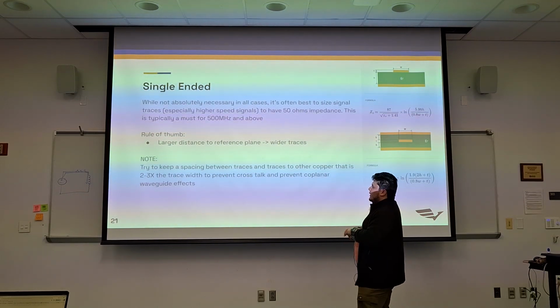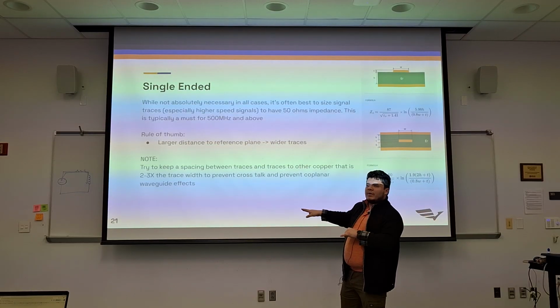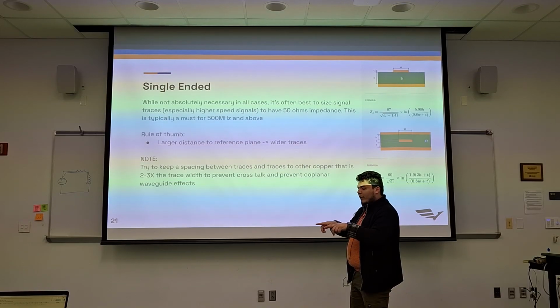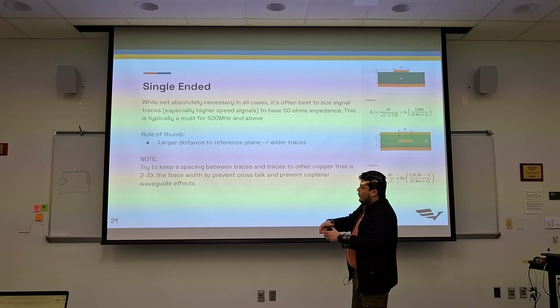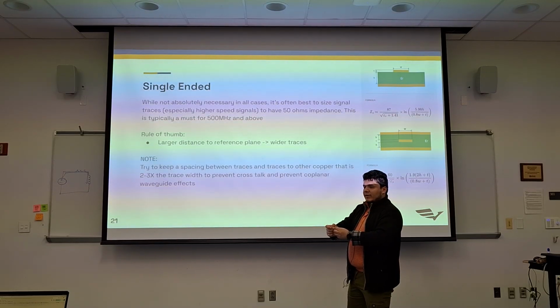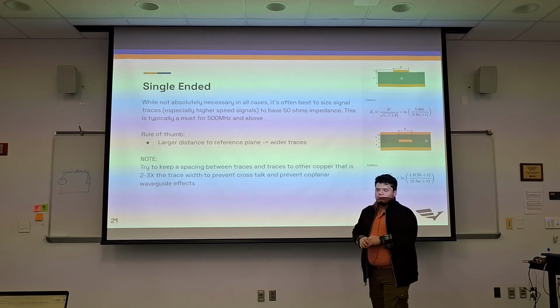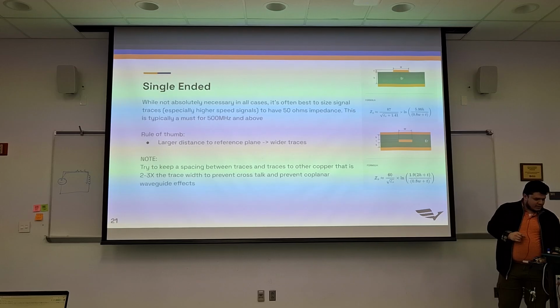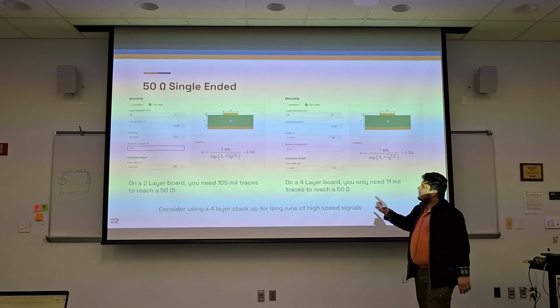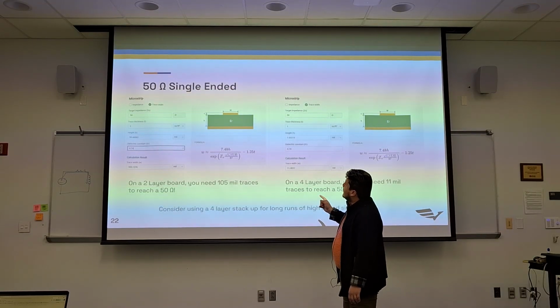And so this is something else that you can set up, primarily in the zone manager: how far of a void you can have from the trace until you reach your ground plane. Because if it's too close, that's also going to affect your impedance, because then it's going to act like a coplanar waveguide, which we're not designing for. So we don't want that. I'm going to show that in a bit. And so that's single-ended. And so I kind of did the calculations here, right?